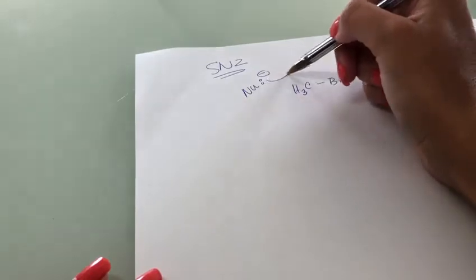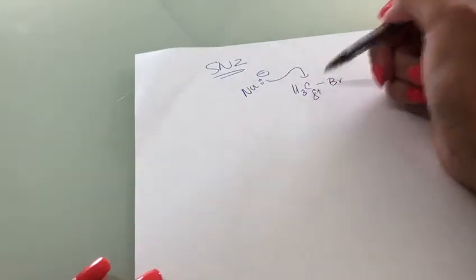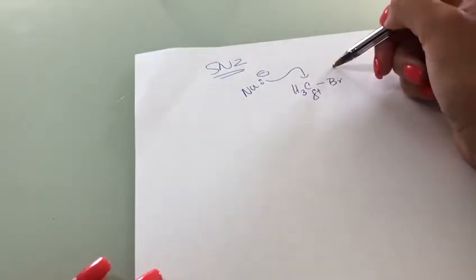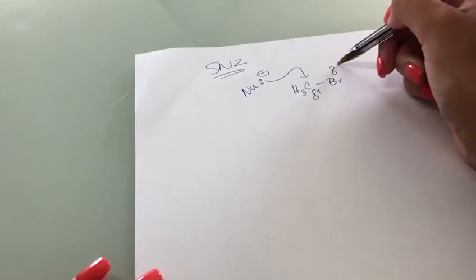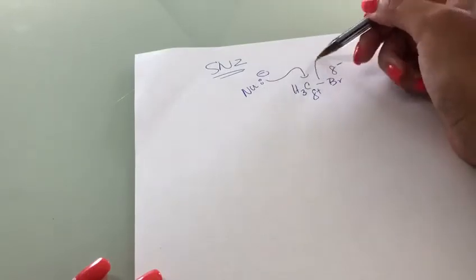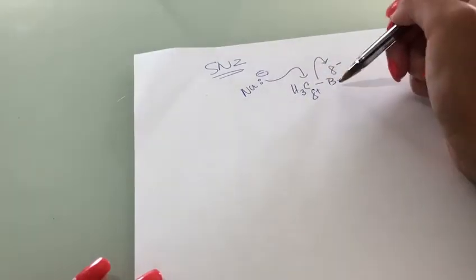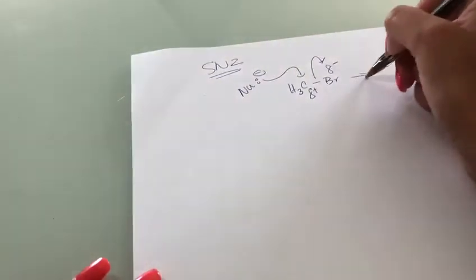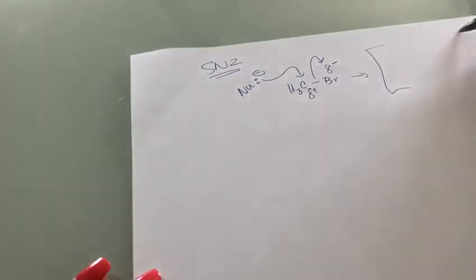And this nucleophile will do a backside attack to the carbon with a partial positive charge. The halogen has a partial negative charge. And as the nucleophile is doing a backside attack, then the halogen will now be your leaving group. How does the transition state look like?